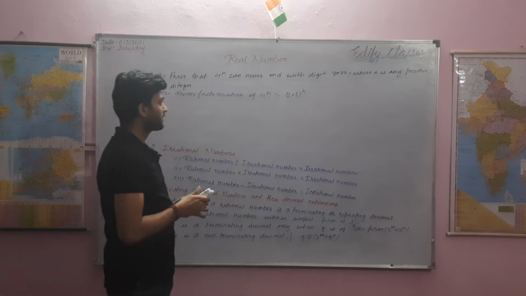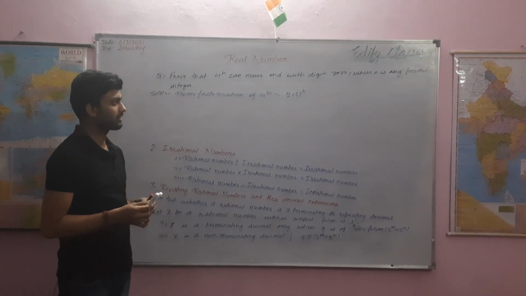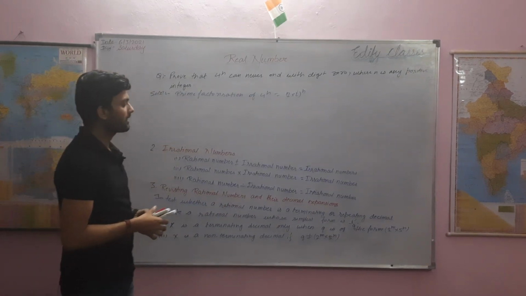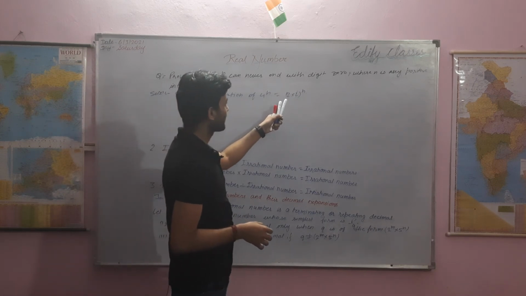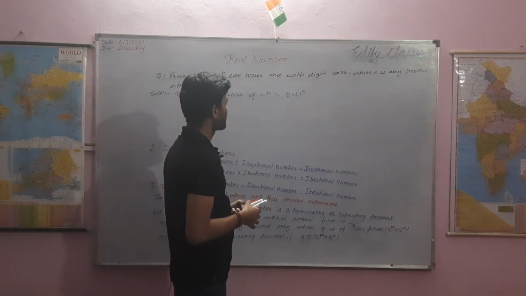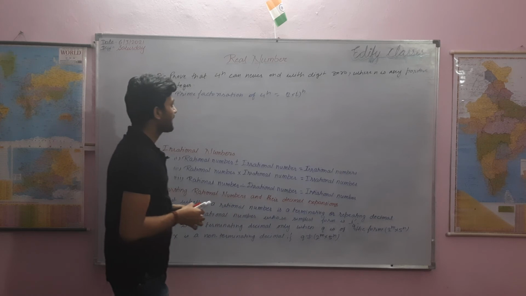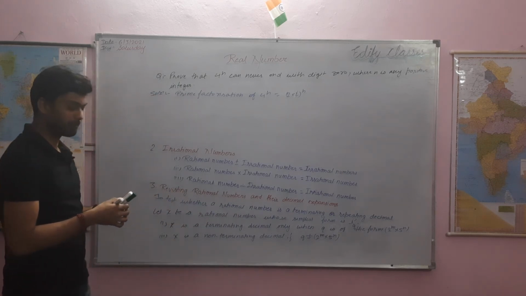We can see the prime factors of 4 to the power n do not include 5, so we can't have the digit 0 in this factorization.